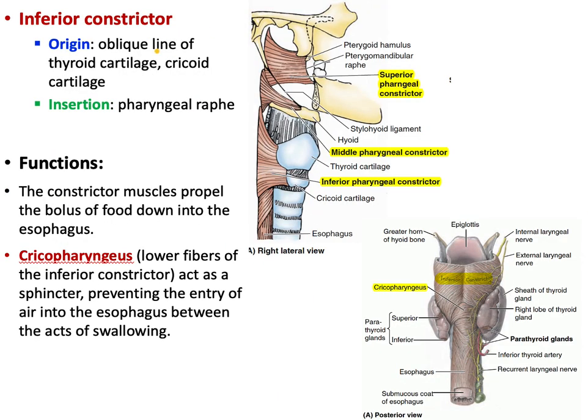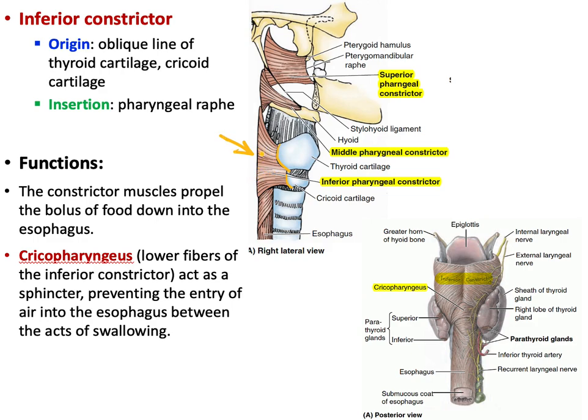Now the last constrictor muscle, which is the inferior one. You see that the inferior one has two parts indeed: one originating from the thyroid cartilage and one from the cricoid. But for now, let us say it originates from the oblique line of the thyroid cartilage and also from the cricoid cartilage. As I mentioned, the inferior constrictor muscle is divided into two parts.